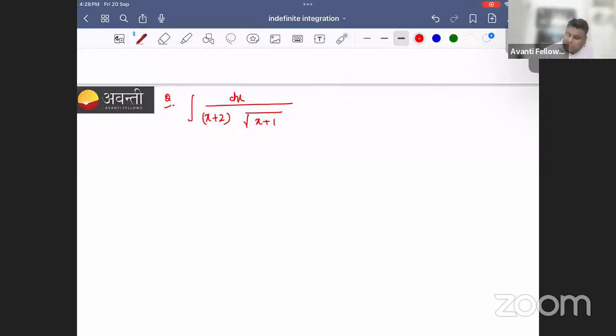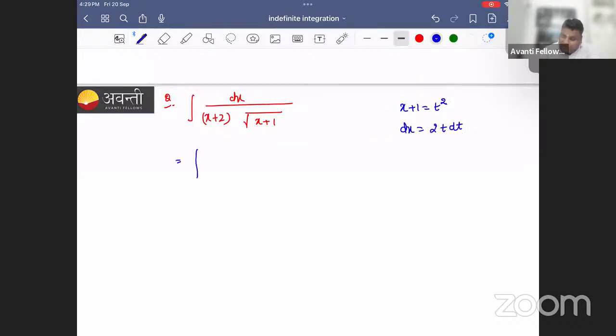So a very common substitution for this is whatever there is linear inside the root, assume it as t square. So assume x plus 1 as t square. All right. So dx you will get as 2t dt.